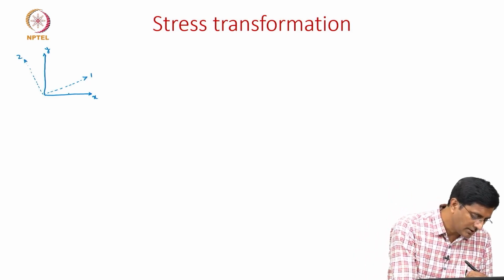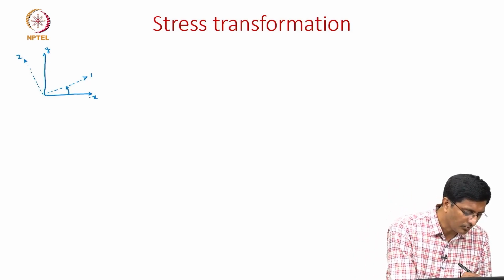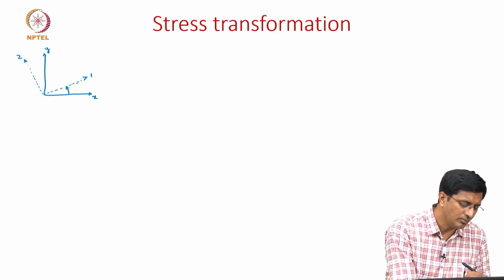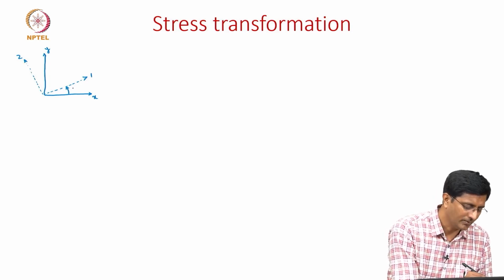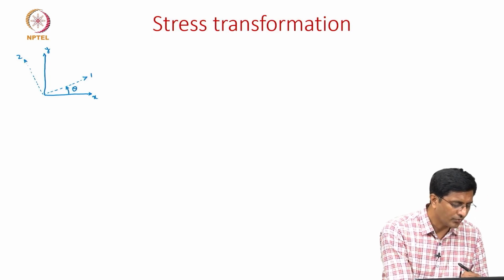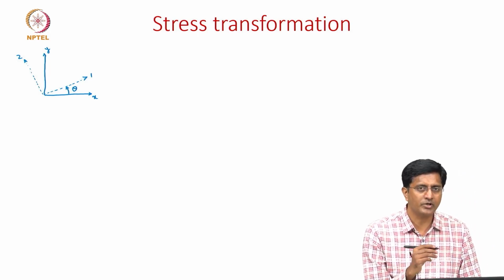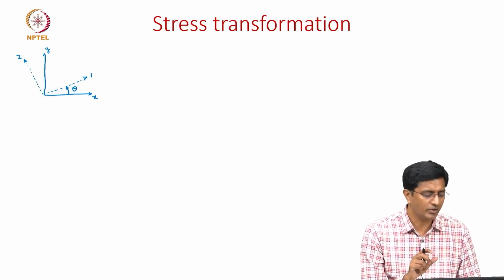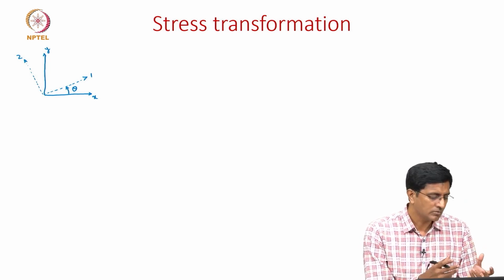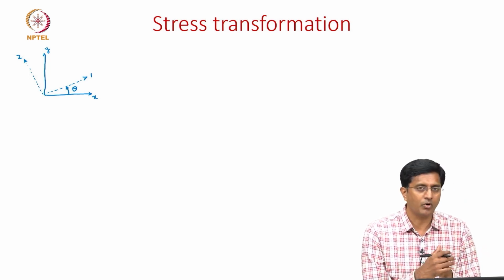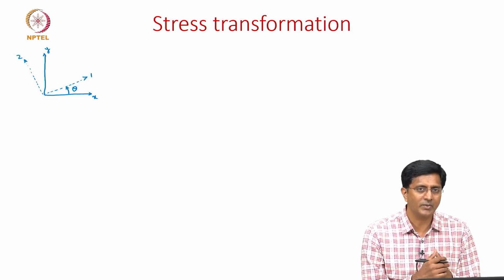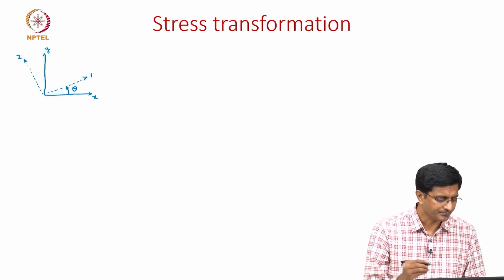We are saying that this is the angle which goes from the body coordinate x axis to the material coordinate axis 1. So, it is going from x to 1. This direction is important because later when we are going from the material coordinates to the body coordinates, we should then take it as minus theta instead of theta.